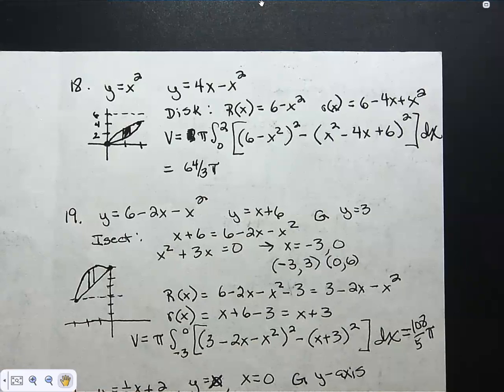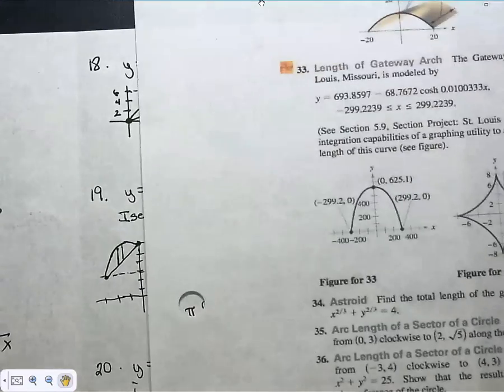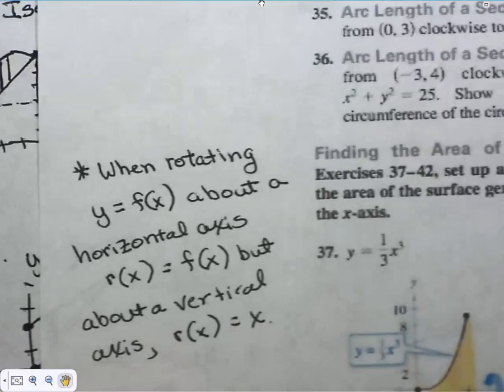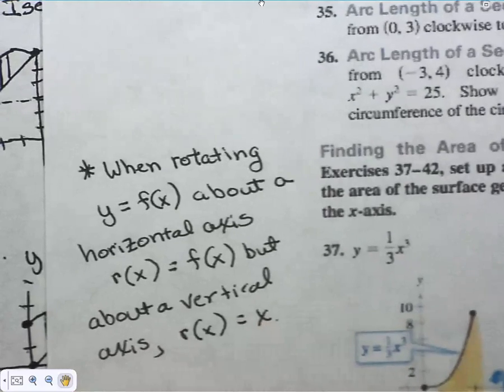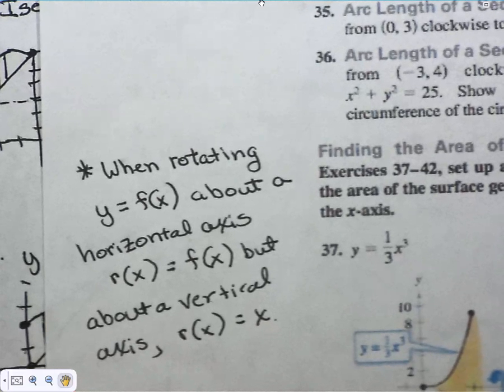What else do you want to see? What was the thing where, when you're doing arc length, if it's like X, if it's around a Y axis? Yes, yes, yes. Where do I have that note? Right here. This is my note in 7.4. When you're rotating a function around a horizontal axis like this, then the radius is going to be a y value, and the y value is the function.